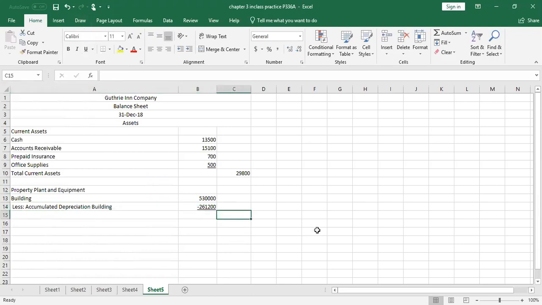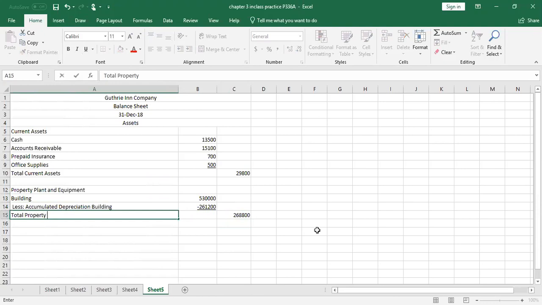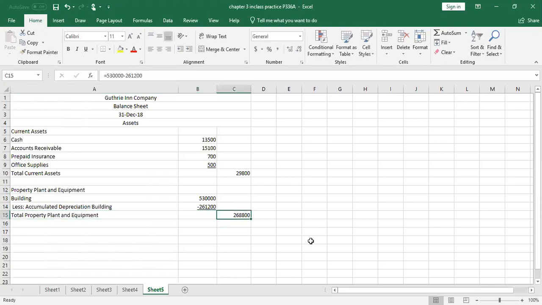And since there's only one asset in this category, we'll do that and put the total out in the right column. So 530,000 minus 261,200. So the total property, plant, and equipment, 268,800.